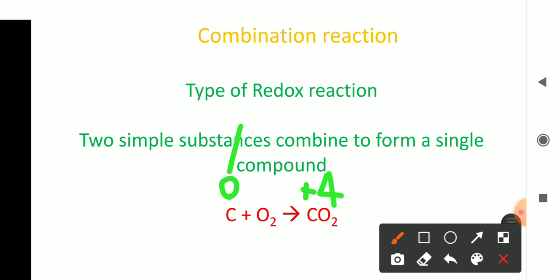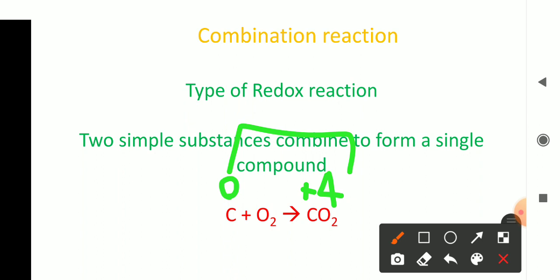So there is an increase in the oxidation state, and in the previous video we have seen that whenever there is an increase in the oxidation state, we can say that the compound is oxidized. So here, which is the oxidized species? Carbon is the oxidized species, since its charge increases from 0 to +4.